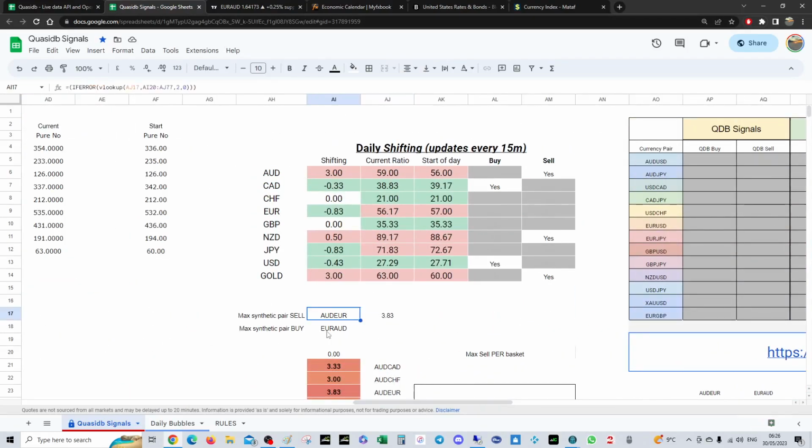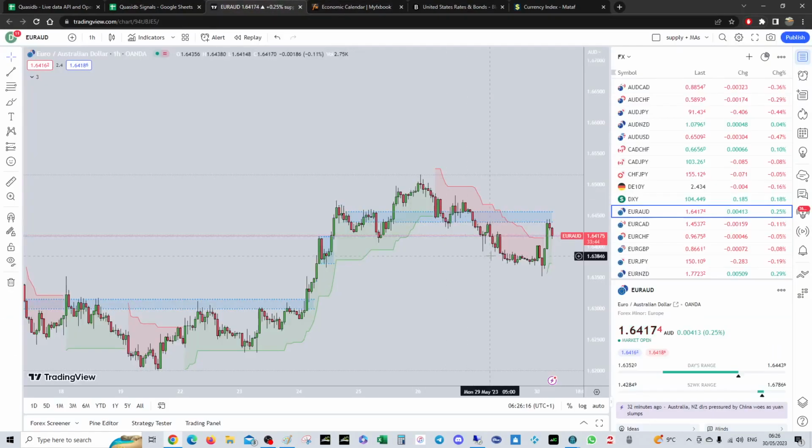So I'm not sure about the Euro Oz for a buy. It was a buy when it triggered here, but we came up to some supply. So this is why we want the trailing stop in, and that would have probably got us out on a bit of profit there.